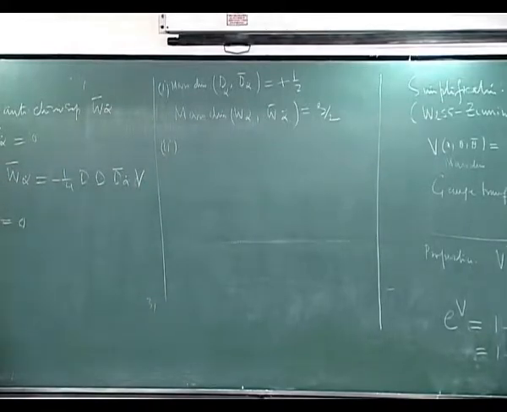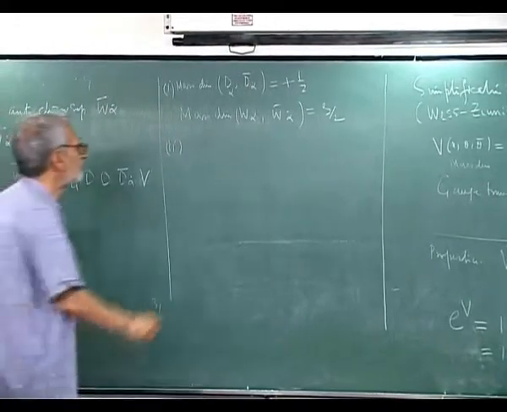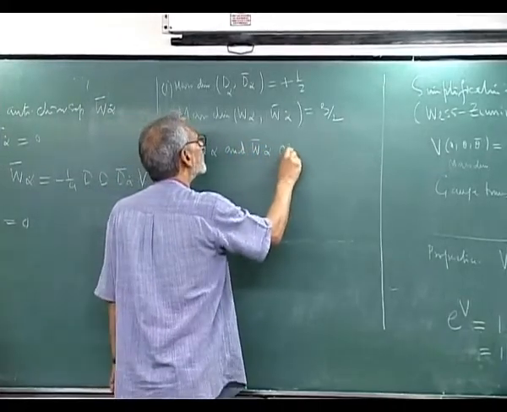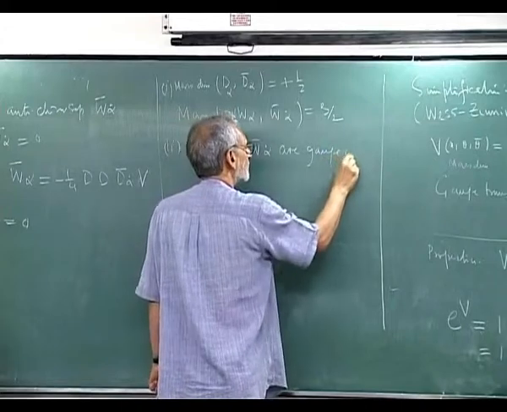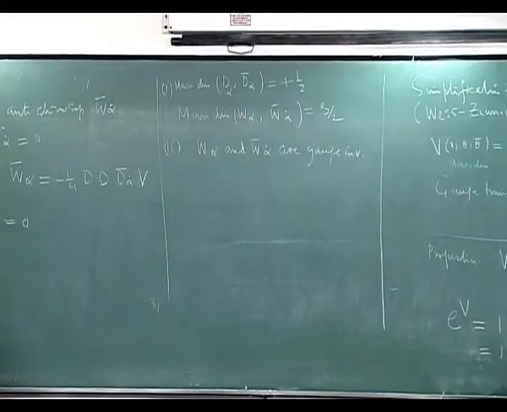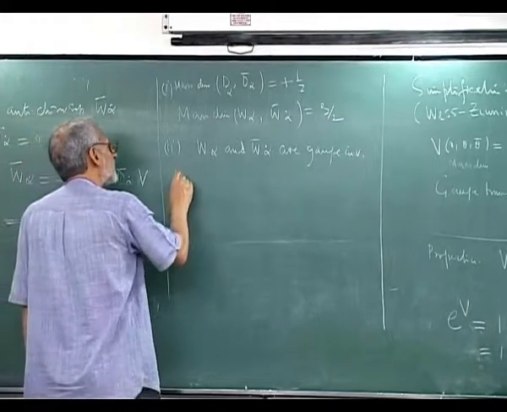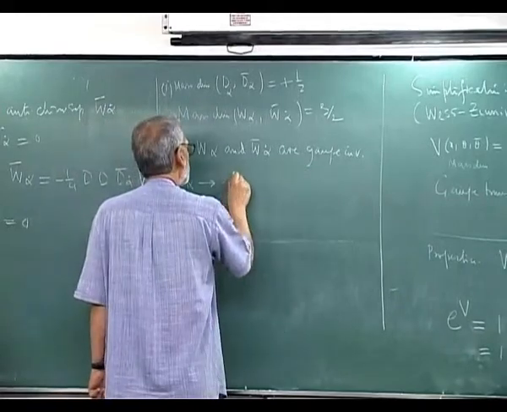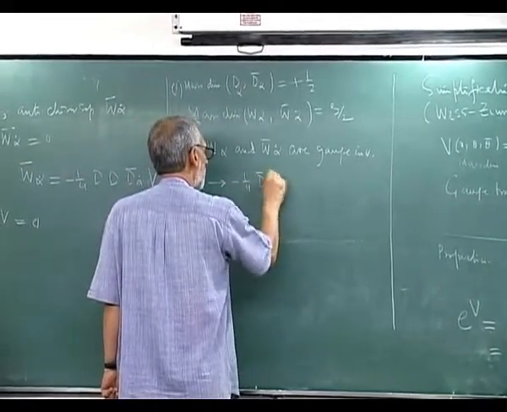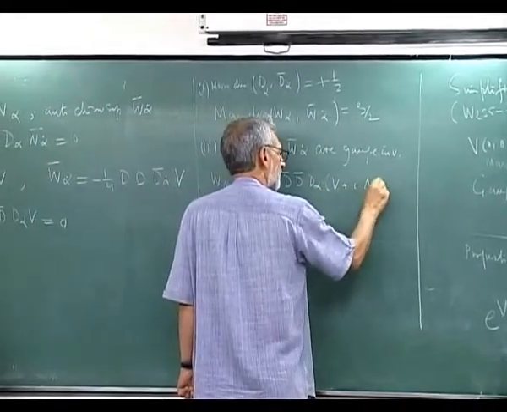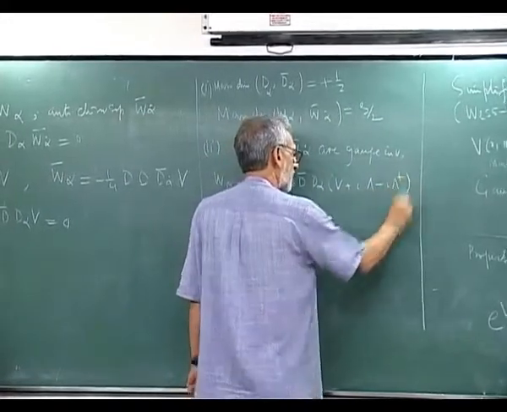The way W's have been constructed, they are gauge invariant. How do I check it? Under gauge transformation, W goes to minus 1/4 D bar D alpha of V plus I lambda dagger. That's how the gauge transformation is.